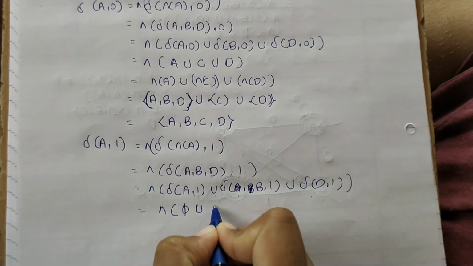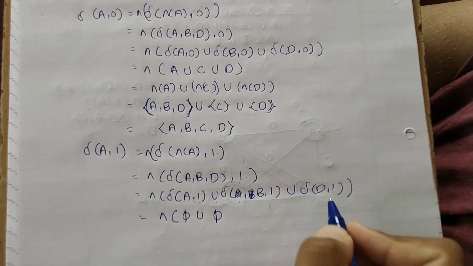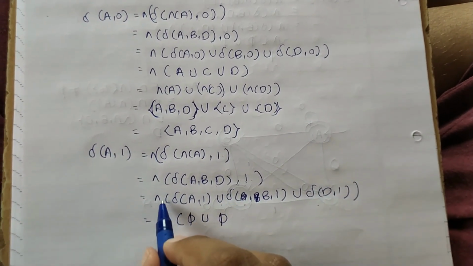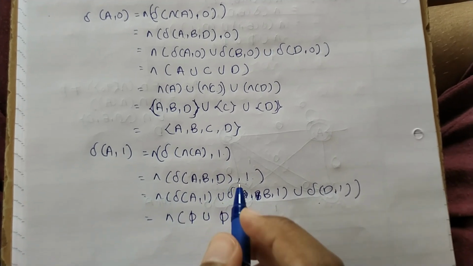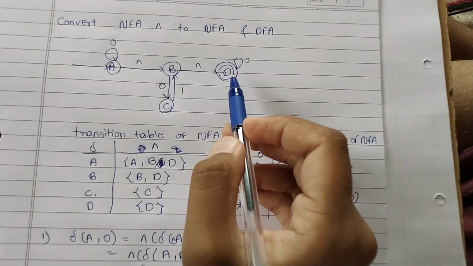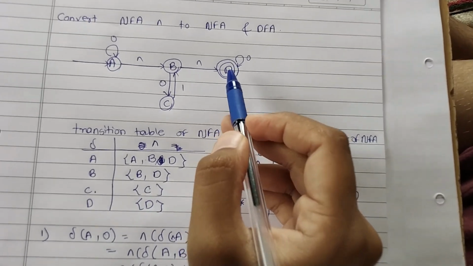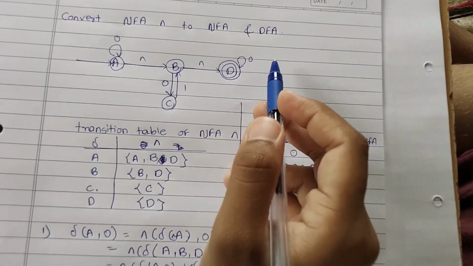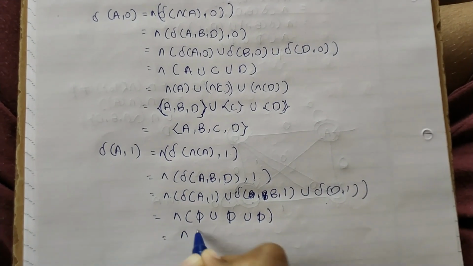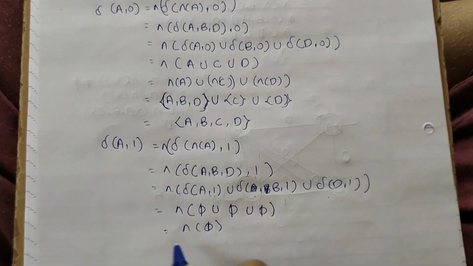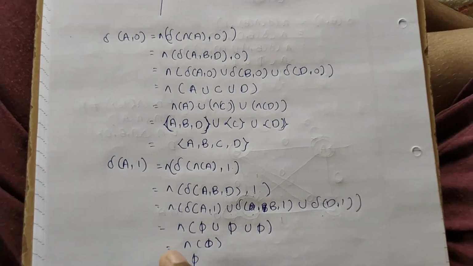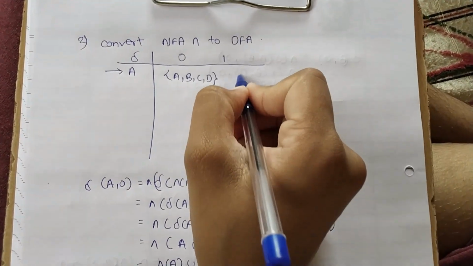So phi and delta of D comma 1. This delta is nothing but the transition, and this null is separate and this delta is separate. D also does not transfer on 1, so this is again phi. So union phi, null of phi means phi. We write A comma 1 is phi.